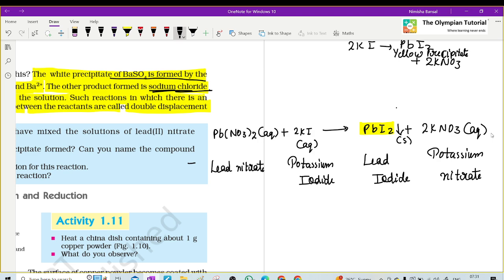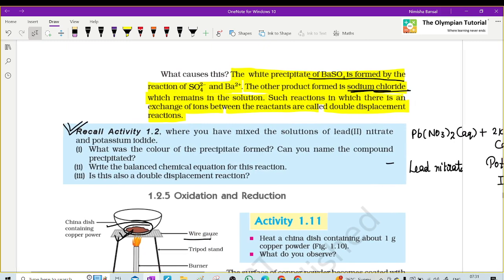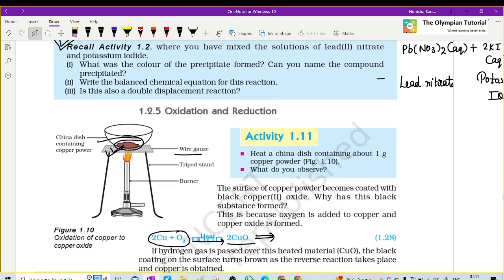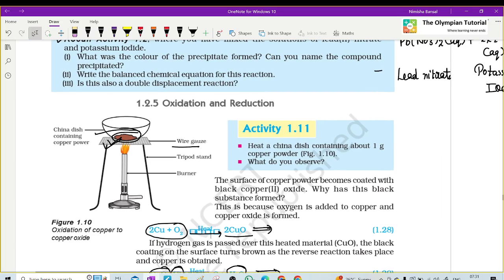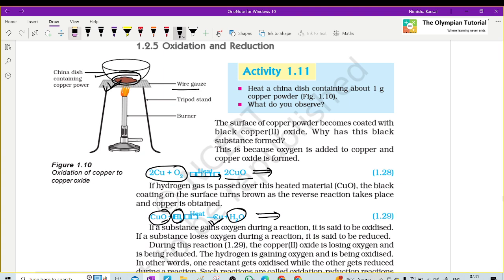Done. Thanya, are you completely okay with displacement reaction and double displacement and also precipitation? Yes, ma'am. Here, write down the next topic, that is oxidation and reduction. So firstly we will write for oxidation.